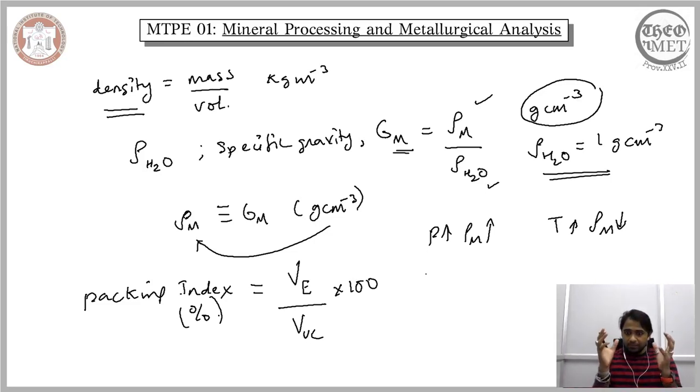So the parameters involved in the formation of a mineral, particularly pressure and temperature, can be realized by considering the density on the macroscopic scale, or by considering the packing index from the atomistic scale, by considering how closely these entities are arranged within a mineral.